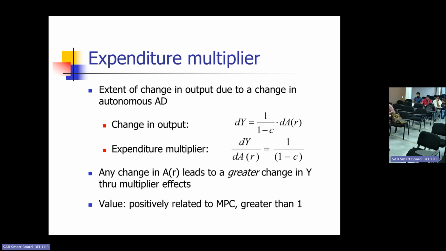It operates the other way around with respect to MPS. When MPS increases, the multiplier falls. The marginal propensity to consume means how much you allocate to consumption from your income.